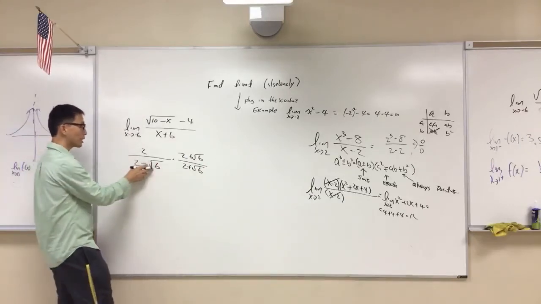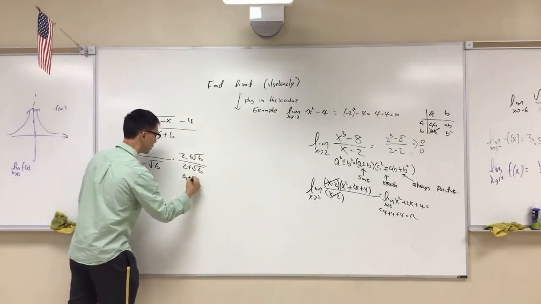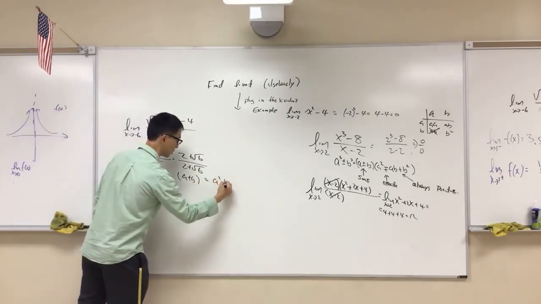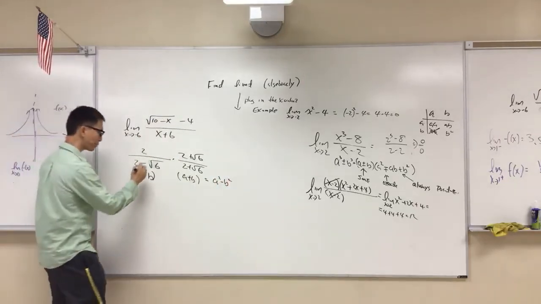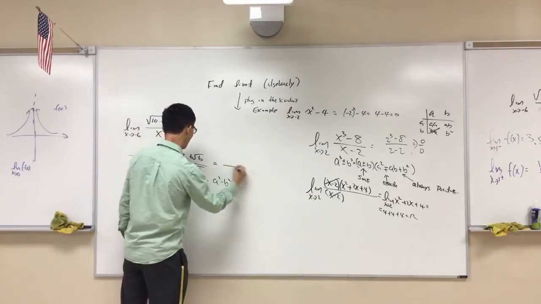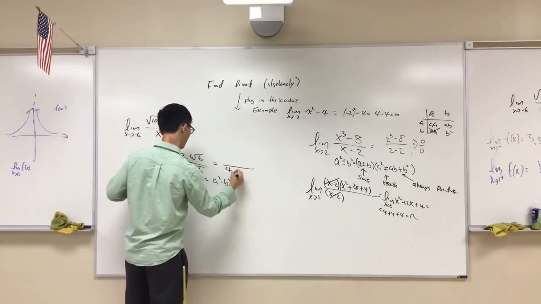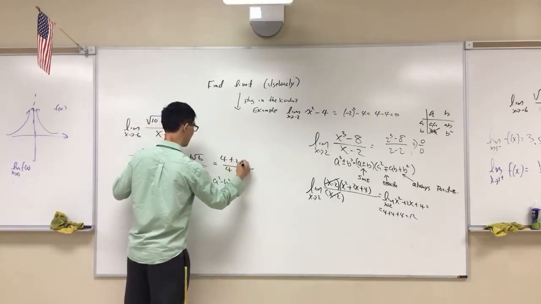Okay, so this part is gonna be a minus b times a plus b. So that's how you get rid of radicals, right? So on the bottom it's gonna be 4 minus 6, right? On the top it's gonna be 4 plus 2 square root of 6.